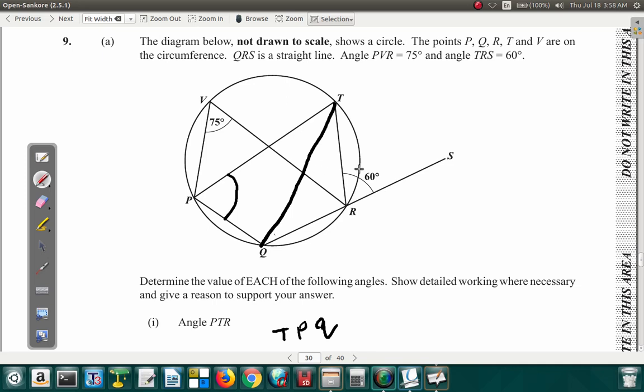Now, the angles that lie on the card in alternate segments will add up to 180 degrees. One example of that is when you have the diameter.